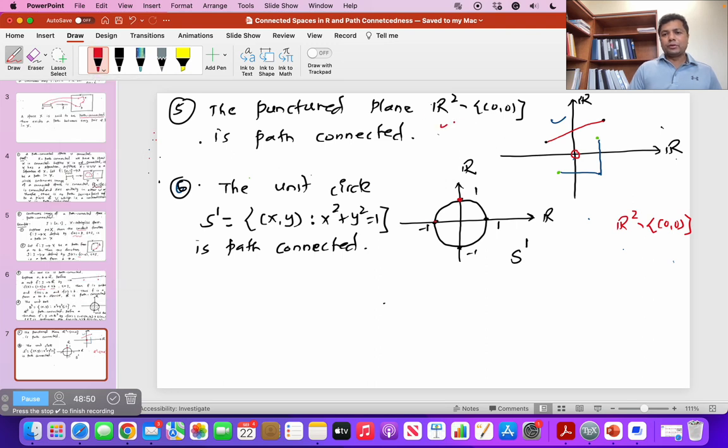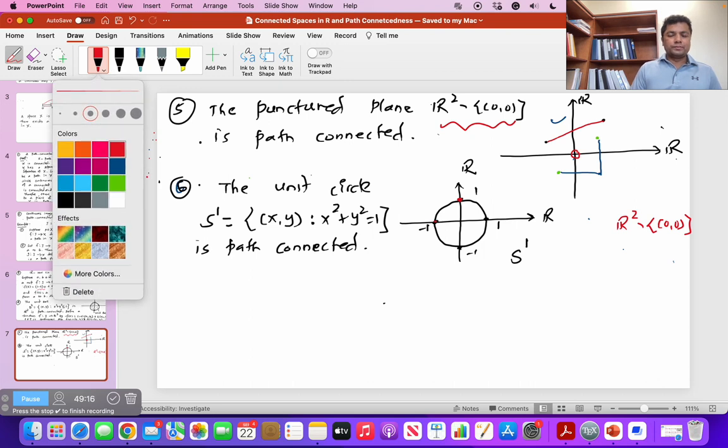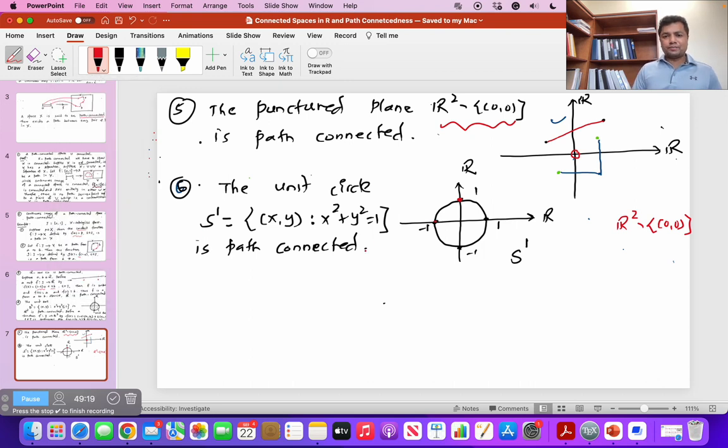Now here we are going to define a continuous map from this punctured plane to S1, and since this punctured plane is path connected, if we have a continuous and surjective map from this punctured plane to S1, then using that property we can say that S1 is path connected.